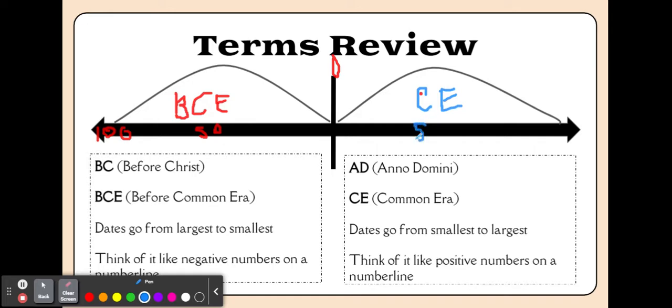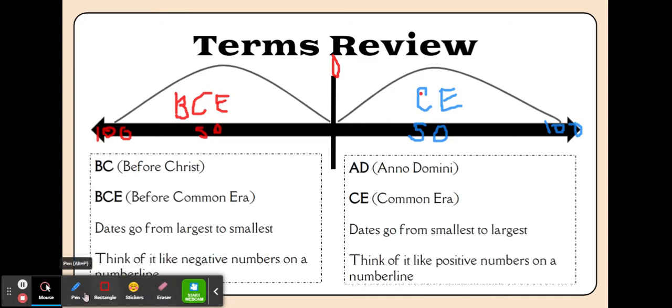So if 50 was here, we would have 100 down here, right? So you can see if I have an event that happened in BCE, it would go prior to the 0, and if I had an event that happened in CE, it would go after that 0 marker.